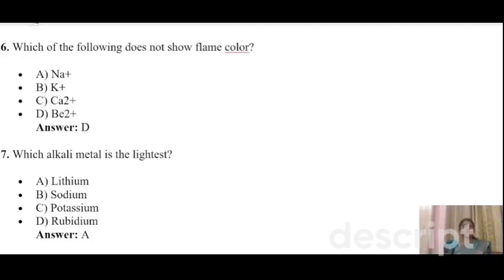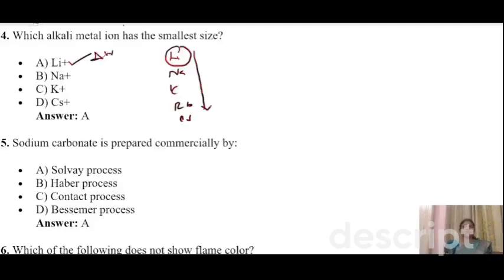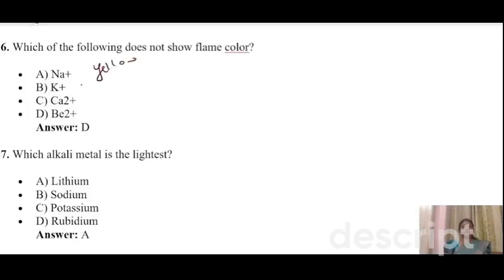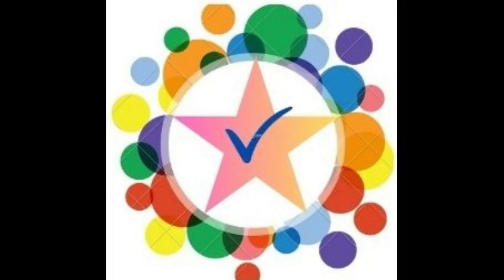Which of the following does not show flame color? Beryllium, Be2+; calcium shows a brick red flame.